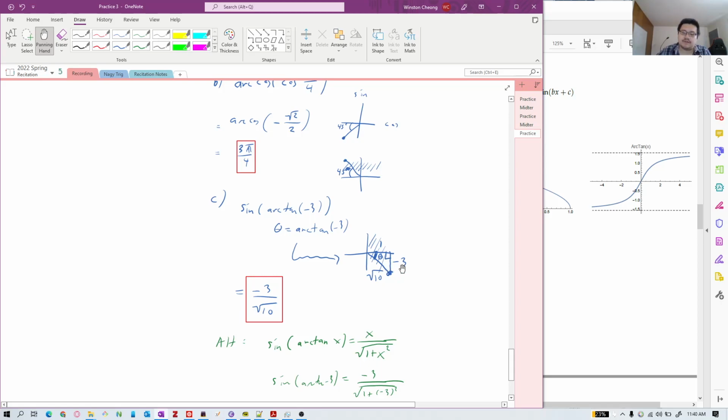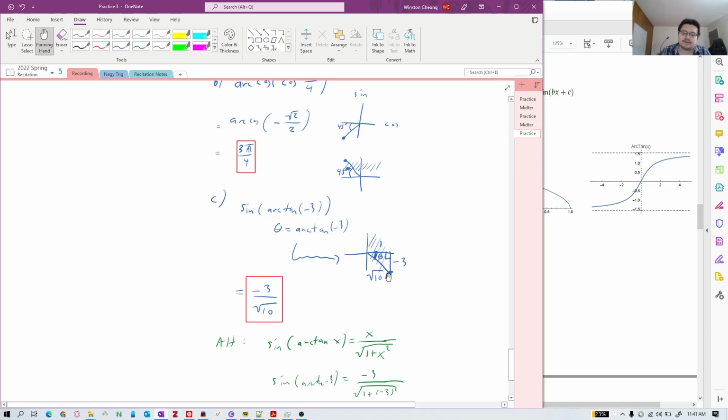So the minus should go on this side of the triangle, because in this quadrant, this side is viewed negatively since the y-axis is negative, whereas this side is viewed positively since the x-coordinate is positive.